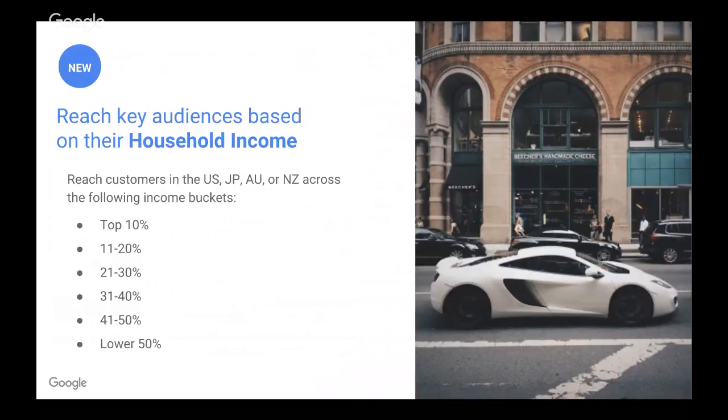The first one is definitely household income. And right now it's available in the US, Japan, Australia, and New Zealand. So if you have advertisers that are targeting customers in these regions, you can now use our household income. This will allow you to do more granular targeting based on demographics.